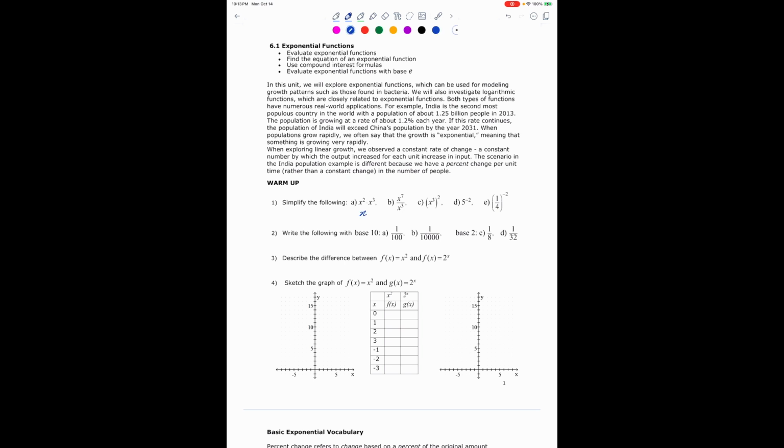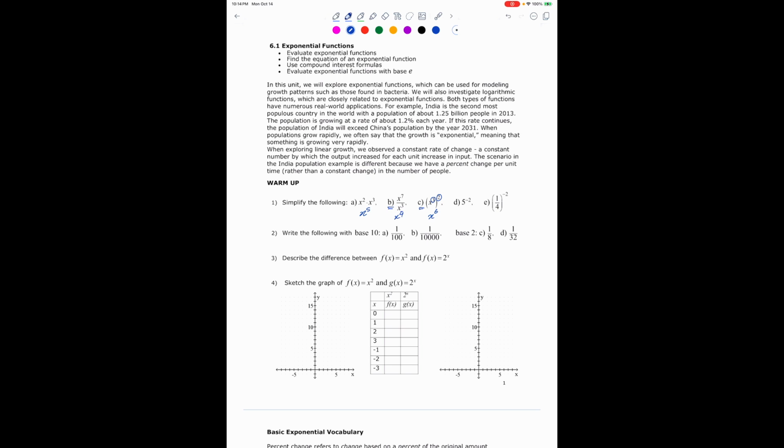So it's going to be x to the 2 plus 3, which is x to the 5. If you're dividing, in b, then you have the same base, and you're going to subtract the exponents. So it's going to be x to the 7 minus 3, which is x to the 4. For c, if you have an exponent raised to a power, then you're going to multiply these powers together. So it's going to be x to the 3 times 2, which is x to the 6.